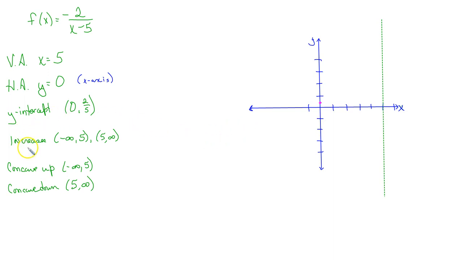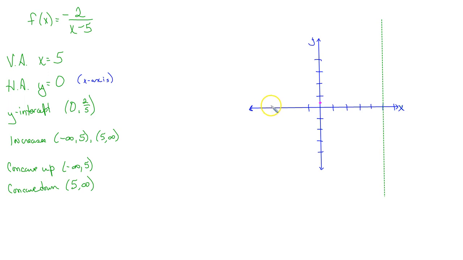We do know that it increases until it gets to 5, so that means it's going up because here is our horizontal asymptote along this line, so it's going to get really close to this, but it's not going to quite touch it. It's going to get close to this vertical asymptote, and it's concave up on the left side of this vertical asymptote.